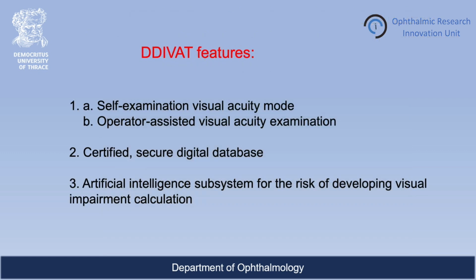DVAT consists of a certified application for smart TV that allows self-examination of visual acuity, known as self-examination mode, and operator-assisted visual acuity examination, known as operator-assisted mode, at a home remote setting. DVAT also consists of a certified, secure digital database of DVAT visual acuity data, and of an artificial intelligence subsystem that calculates the risk of developing visual impairment, providing the necessary data for personalized preventive interventions.